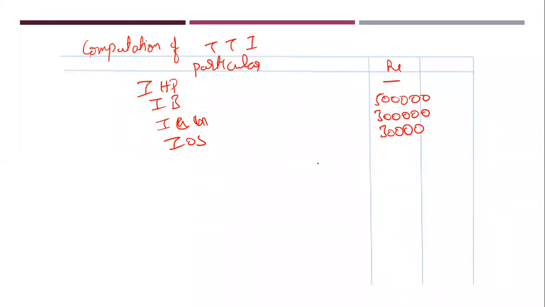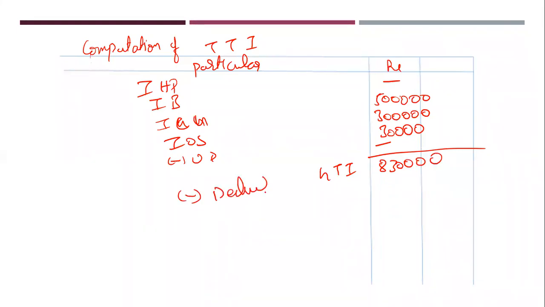Now, minus any unabsorbed depreciation, do we have any? No, nothing. So the total aggregate of this is known as gross total income, which is 8,30,000. Minus deduction under section 80G to 80LA. Do we have any deductions, any savings the company has made, or any investment? There's no information, so it will be nil.